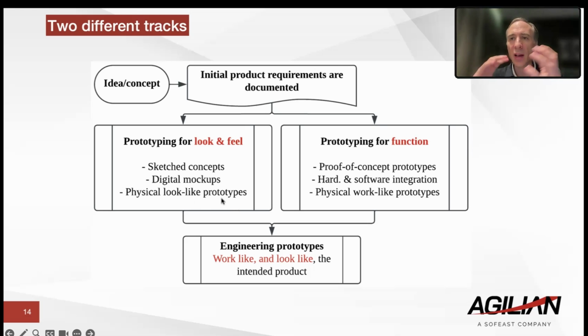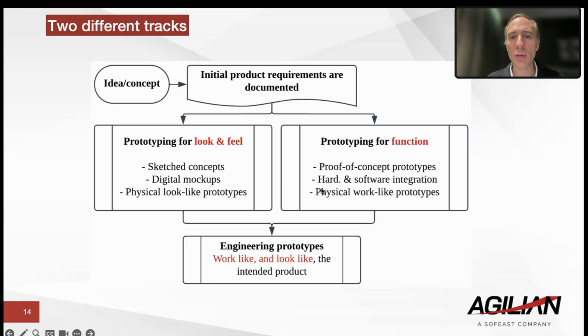This is exactly the size, the look and feel, etc. And another track is for function, maybe very rough, semi-functional proof of concept prototypes, integrating the hardware and the software for products with electronics. Very often there's embedded software, full-scale work-like prototypes, and then it comes together into prototypes that both work and look like the intended product.